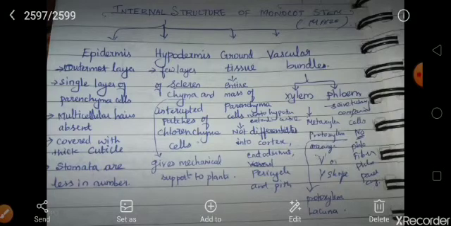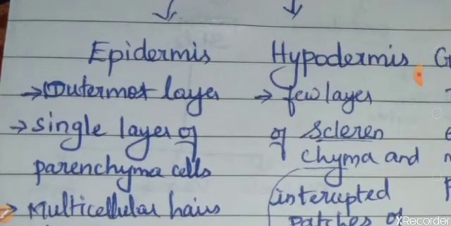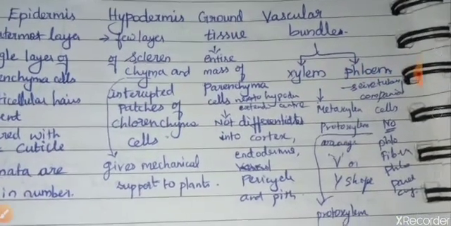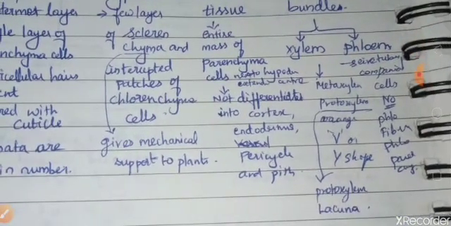So what is the main function of the xylem vessel? To transport the water and minerals, and the function of phloem is to transport the food particles. When we see the arrangement of the protoxylem and metaxylem, it is arranged in the form of a V or Y shape. If you see the diagram, it will be clearly visible.